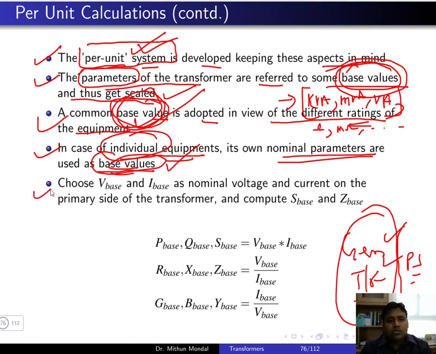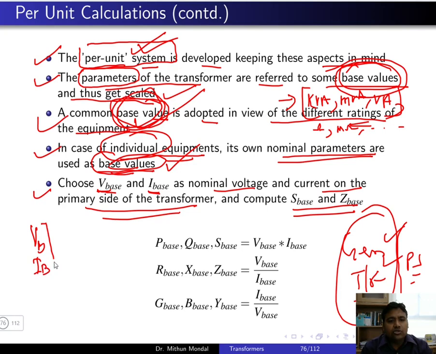Suppose we choose a voltage base and current base as the nominal voltage and current on the primary side of the transformer, and compute the S base and Z base. So first you need to choose the voltage base value and the current base value.